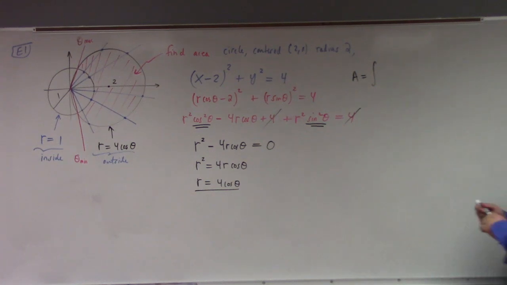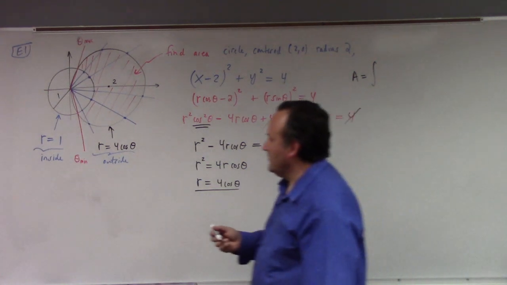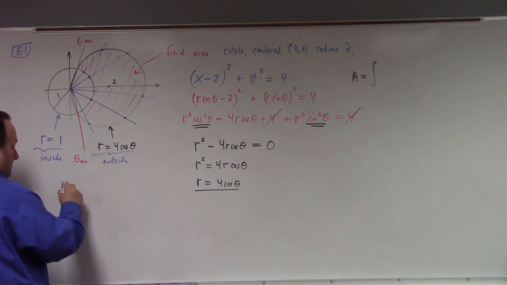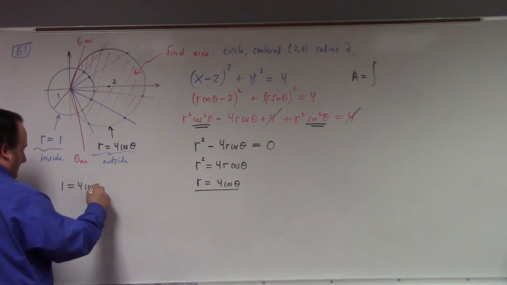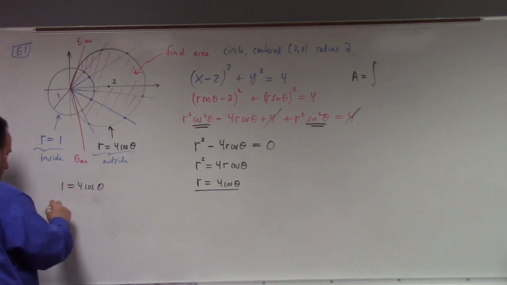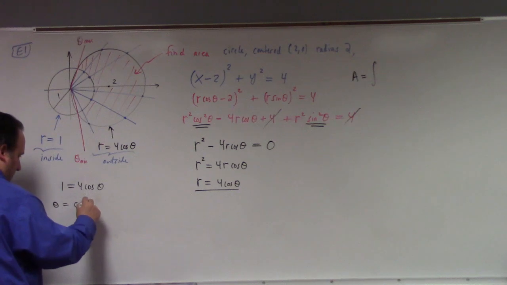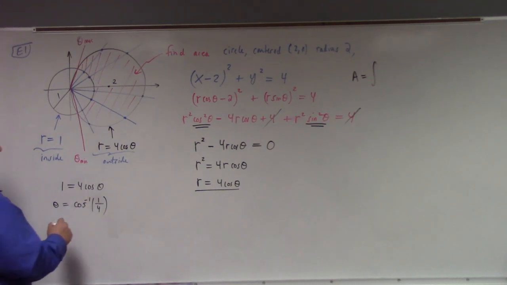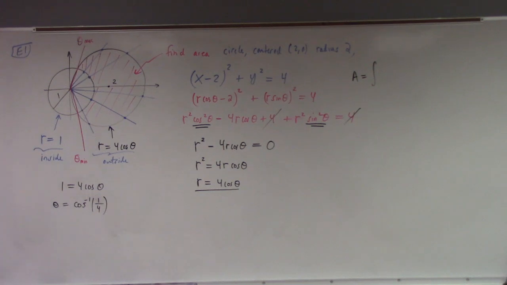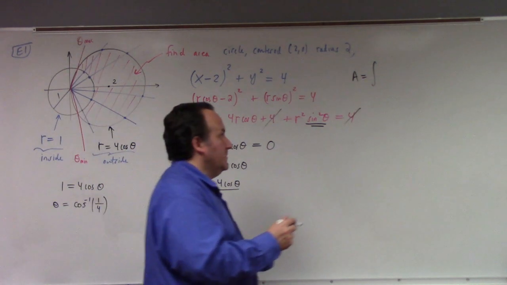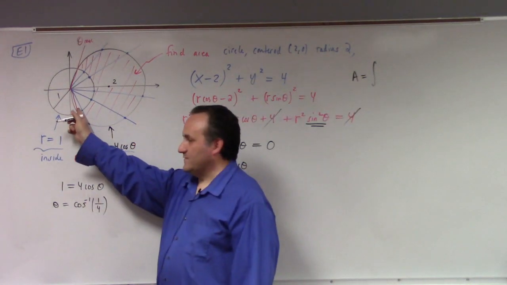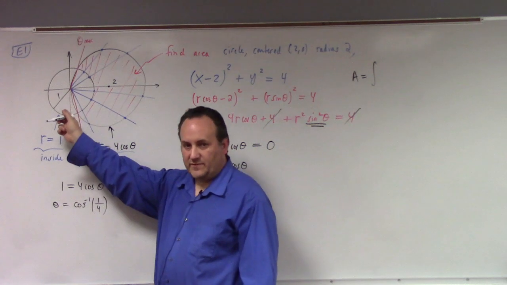So 1/2. Oh, I don't know what those are though. Can you figure those out for me? 1 is 4 cosine theta. So inverse cosine of a quarter for the upper one, right? And let's be lazy here, because you could figure out that this is minus inverse cosine of 1/4 as well, right?